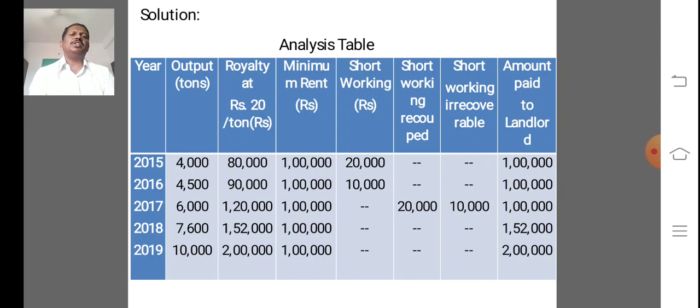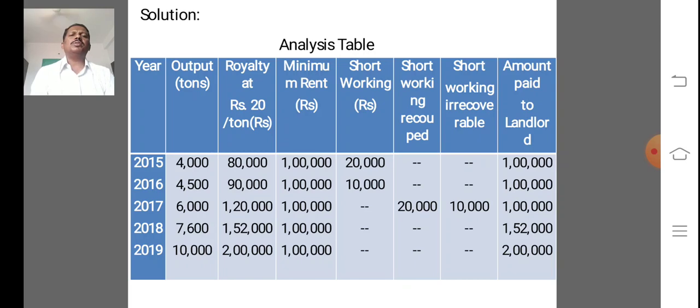The first one is year, second one is output in tons, and royalty at rupees 20 per ton, minimum rent, short workings, recovered and short workings irrecoverable, and amount paid to landlord.